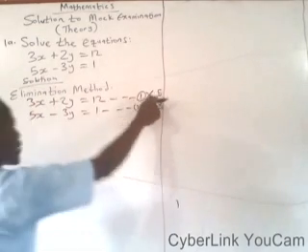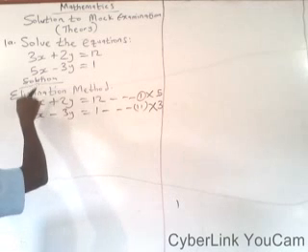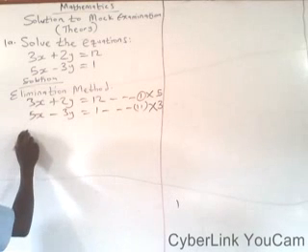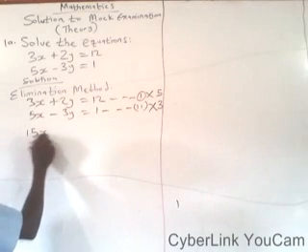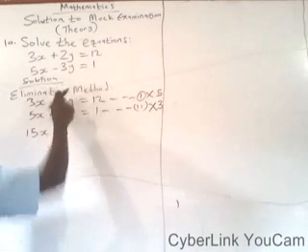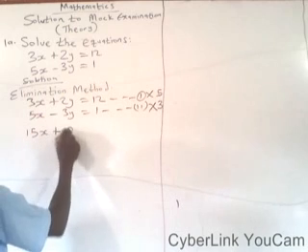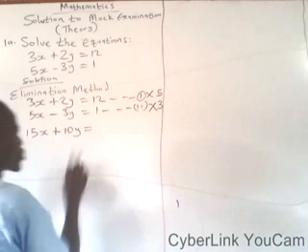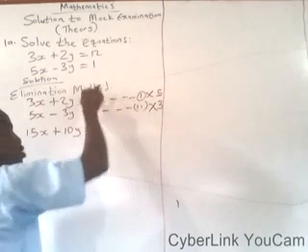Now, 5 multiplied by 3, here we are going to arrive at 15x plus 5 multiplied by 2, we are going to arrive at 10y, is equal to 5 multiplied by 12.